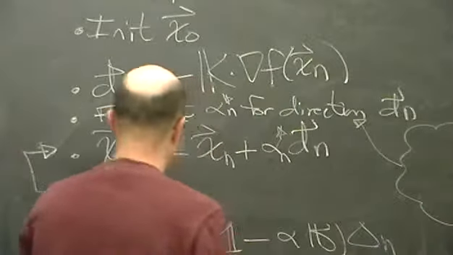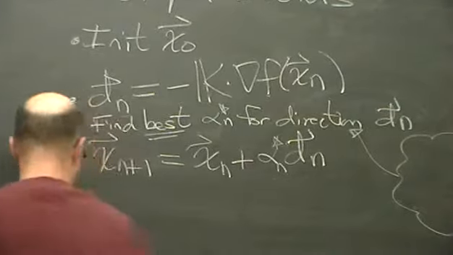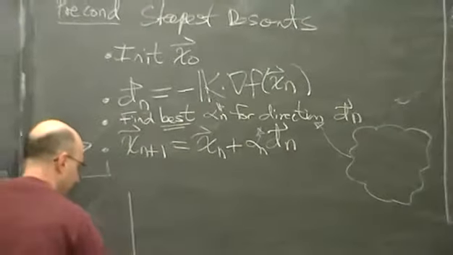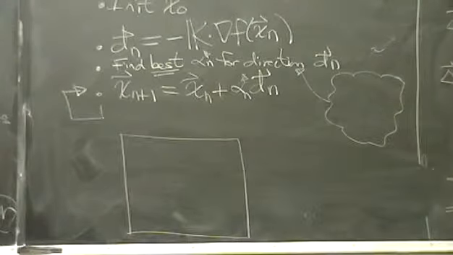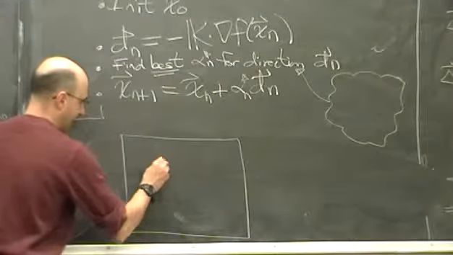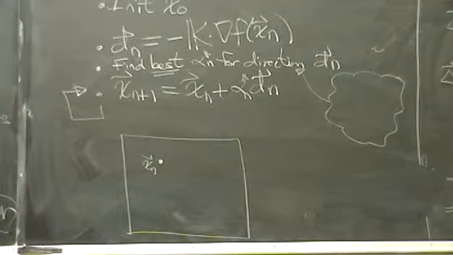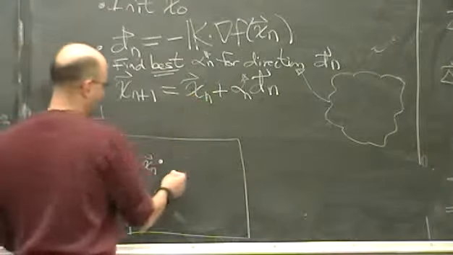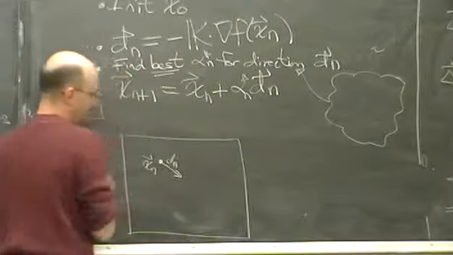I'll draw a picture of what it is we're doing. Basically what's happening is, here's a picture of my space of all possible x's, right? And here I am at point xn, and I've done some work and tried to figure out the best possible search direction, dn, to travel along, right?